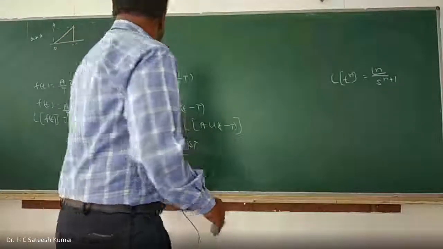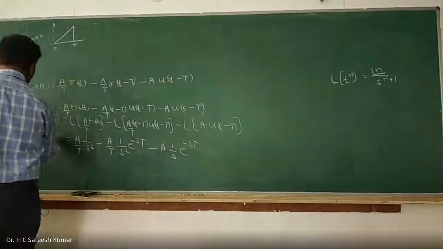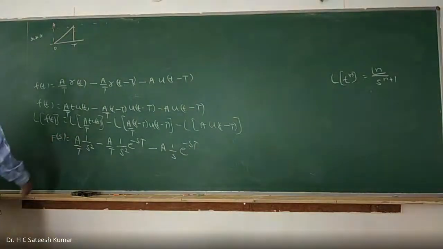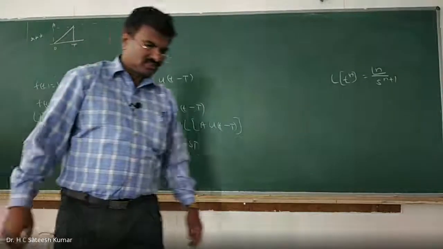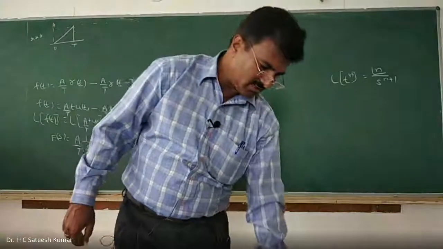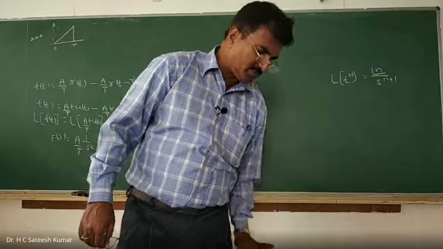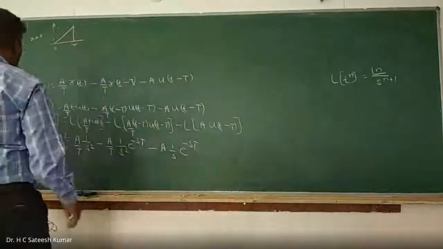So that's how we are going to find the Laplace transformation of f of s. And he has asked this for 6 marks, 12 marks, and 8 marks once. Okay, right? If you want to fetch more marks, what should you do?